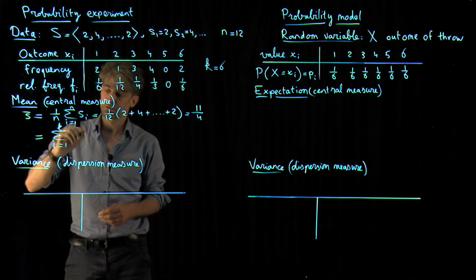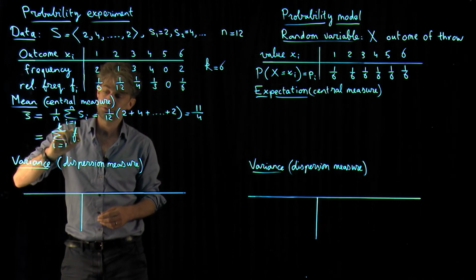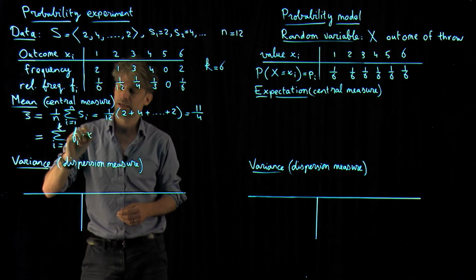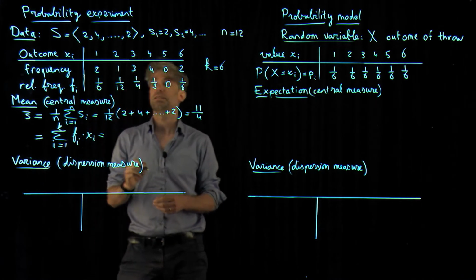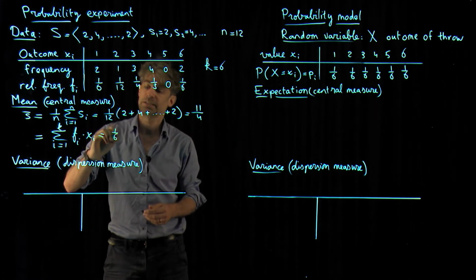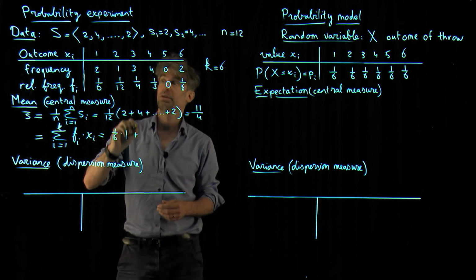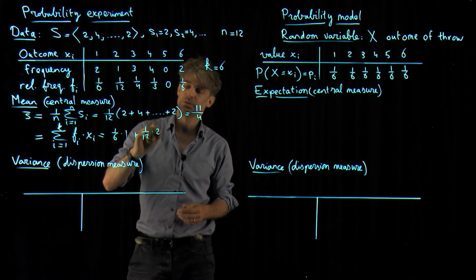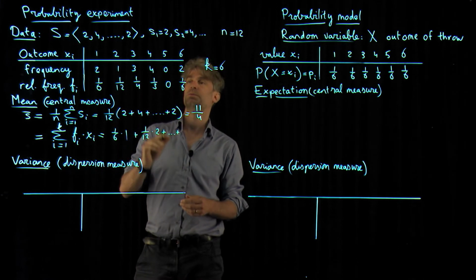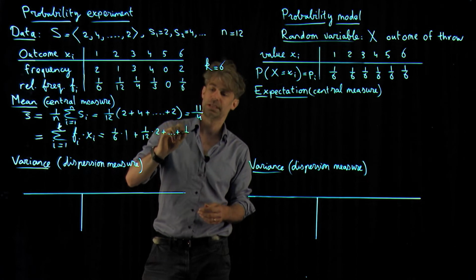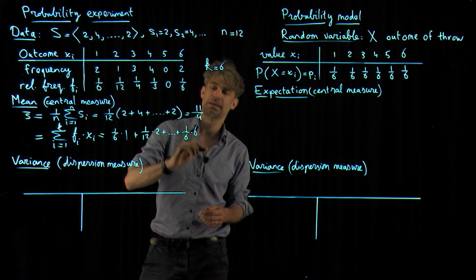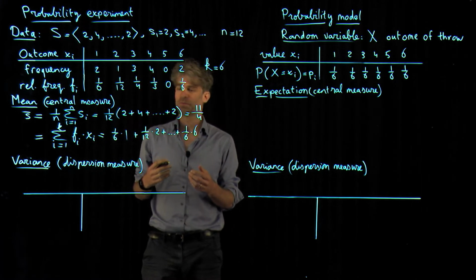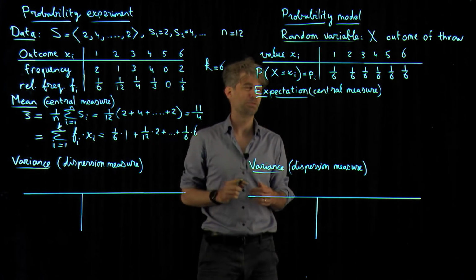Then we multiply the relative frequency f_i times the actual outcome x_i. So in this case, this would be 1/6 times 1 plus 1/12 times 2, etc., all the way up to 1/6 times 6 again. And of course the outcome should be exactly the same, 11 over 4. I'm not going to check, but you can do that of course.